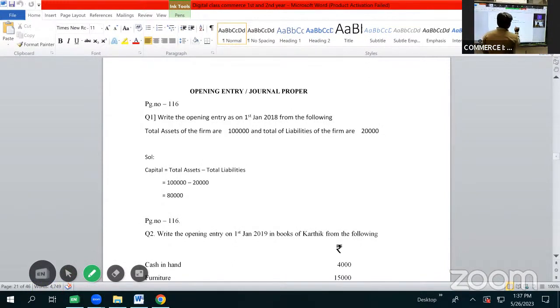All assets have debit balance. So assets will be shown on debit side as total assets account debit 1 lakh, to total liabilities account 20,000.